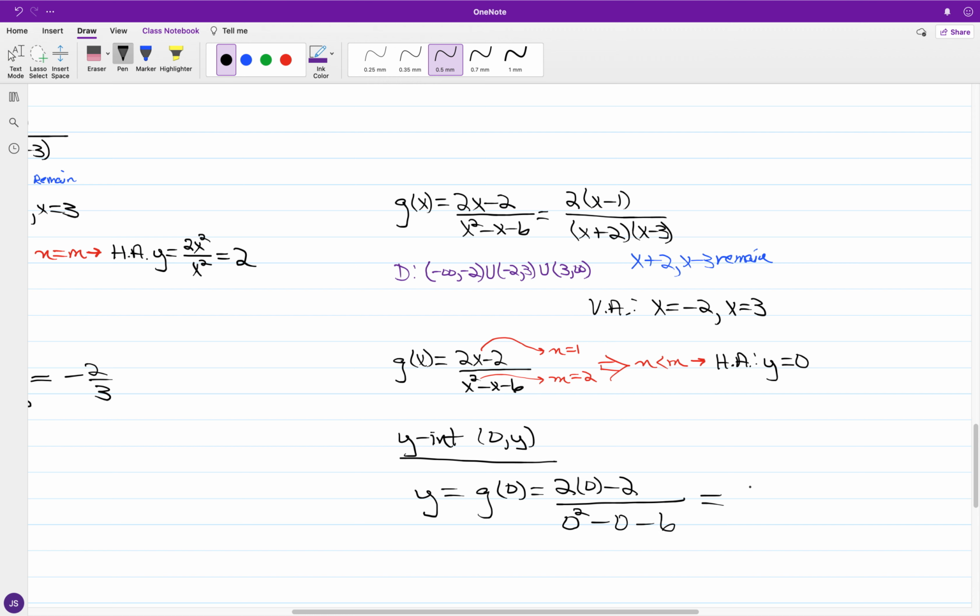So this will come down to negative 2 over negative 6. And negatives will cancel out, and 2 over 6 is reducible to 1/3. So for the y-intercept, this is where y is equal to 1/3.